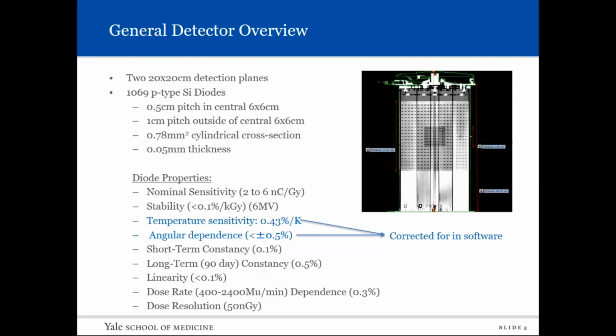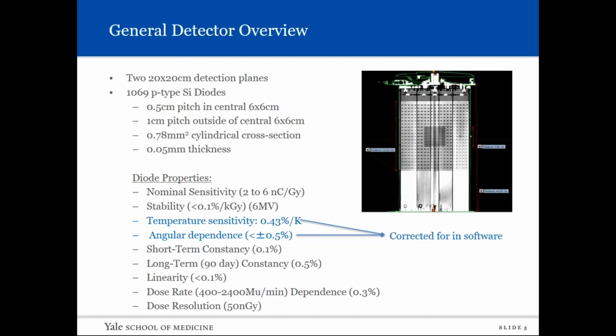The true utility of the detectors is in its diode arrays, and it has 2 20 by 20 cm detection diode planes. In total, there's 169 p-type silicon diodes. In the central portion of the arrays, the central 6 by 6 cm, there's a 5 millimeter resolution of the diodes.